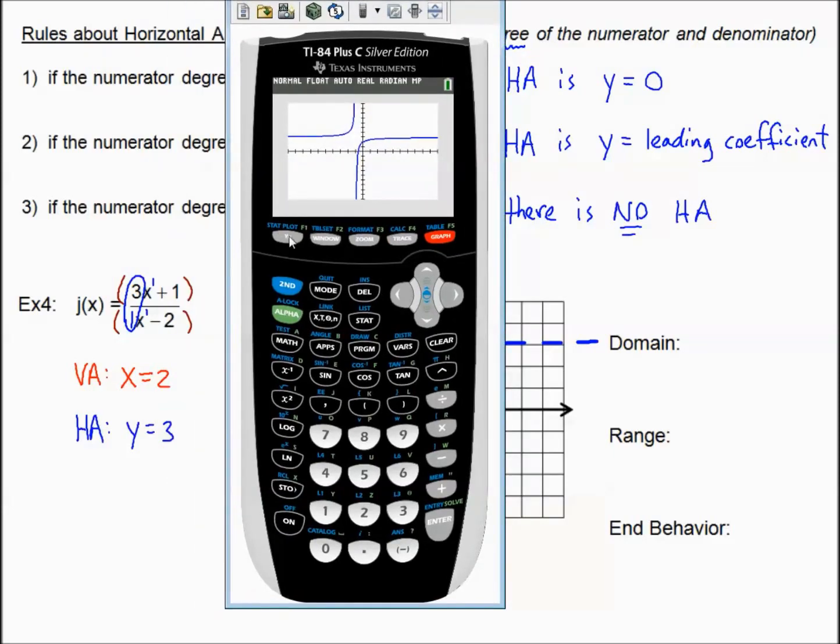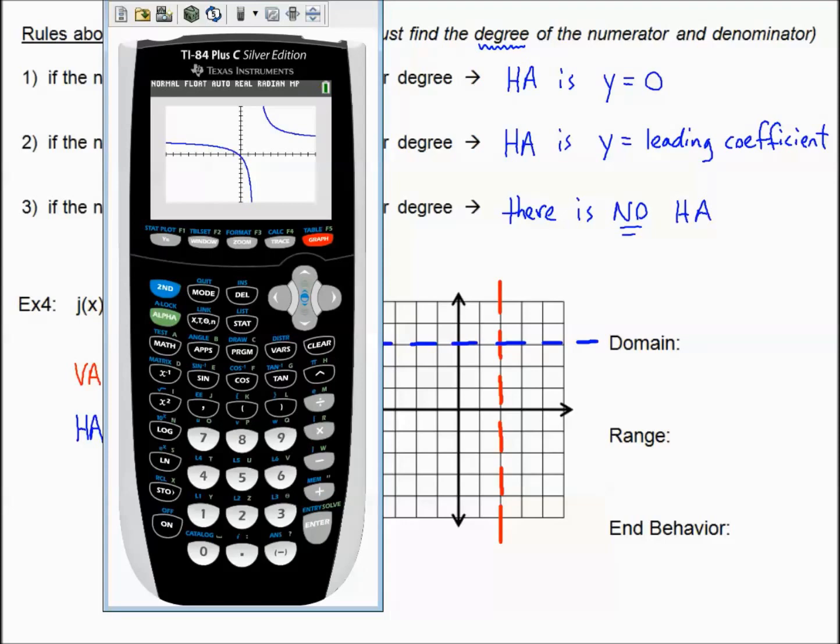Clear that out. I'm going to start with the parenthesis and put in my 3x plus 1, then divide and use another parenthesis for my x minus 2 in the denominator. Again, the entire numerator and the entire denominator in parentheses. I'll press graph and see what we've got.